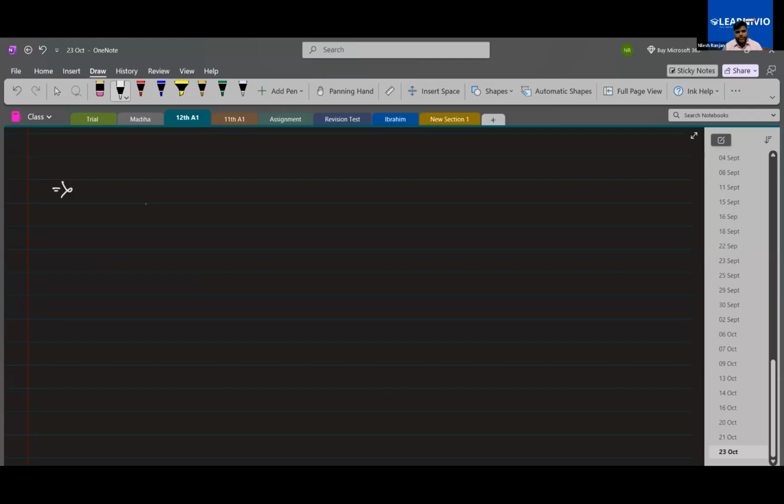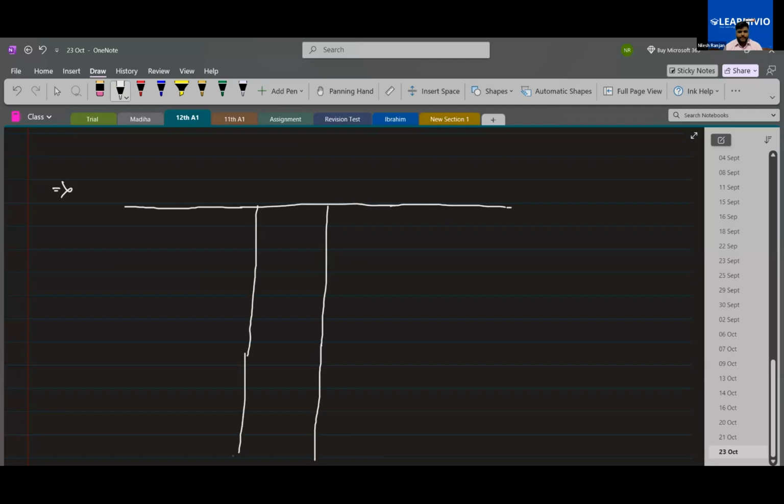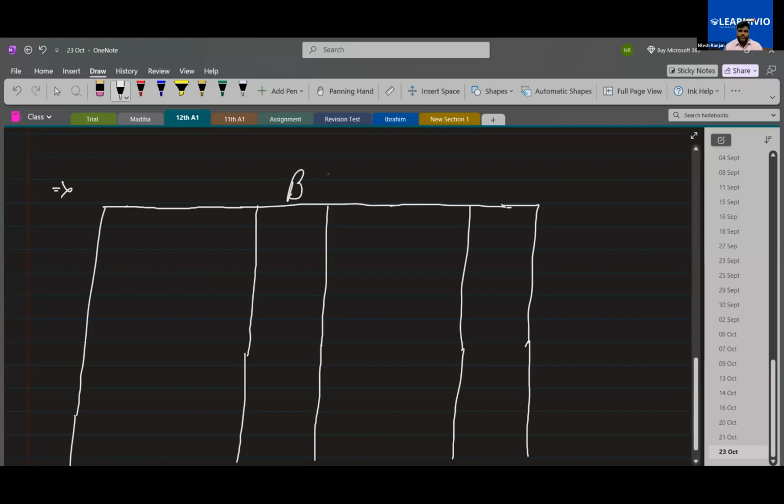So you have seen that generally a balance sheet is given in the question. In most of the questions, you will find a balance sheet. So this is your balance sheet: liabilities side, amount, assets, and amount.